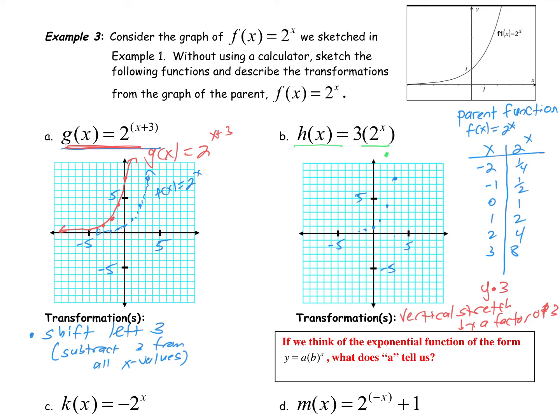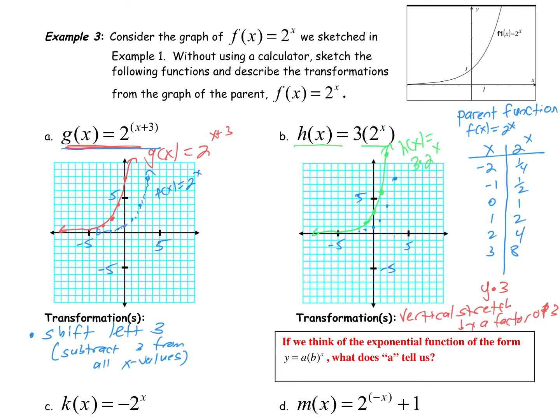So I'll have 2, 12. 1, 2 becomes 1, 6. 0, 1 becomes 0, 3. -1, 1/2 becomes -1, 3/2. And -2, 1/4 becomes -2, 3/4. Now I will connect these with a nice smooth curve. This will be our function h of x, which is 3 times 2 to the x.